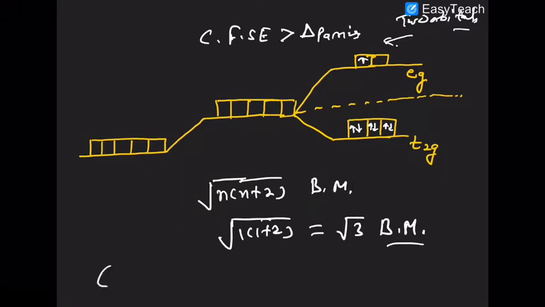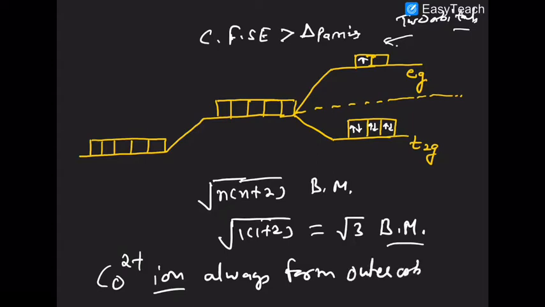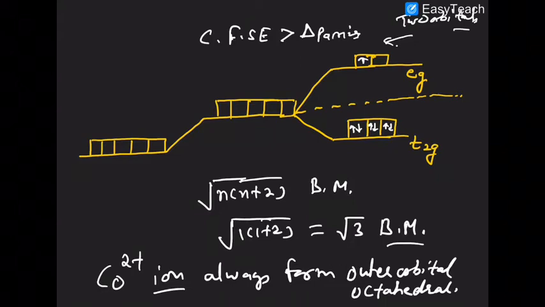Now it indicates that the Co2+ ion always forms an outer orbital octahedral complex. So it does not depend upon the nature of the ligand. The nature of the ligand may decide its magnetic moment, but it will not decide its hybridization.